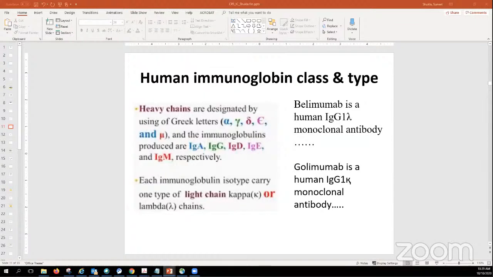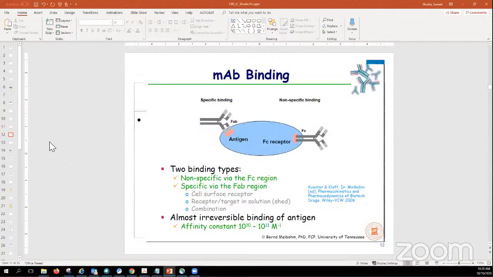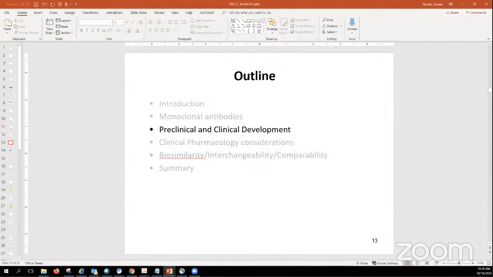From the light chain perspective, it could be either of a kappa subtype or a lambda subtype, and that's how the antibody is classified. For example, belimumab is a human IgG1 with a lambda light chain, and golimumab is an IgG1 with a kappa light chain. So this is how you put a nomenclature to the antibodies.